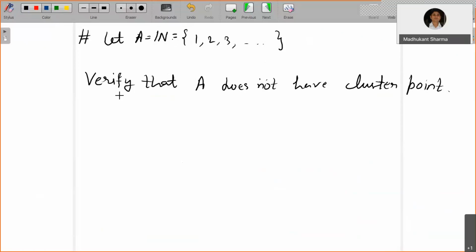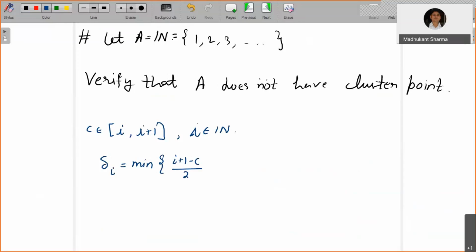For a point c belonging to the interval i to i plus 1, where i is a natural number, you have delta_i equal to the minimum of (i plus 1 minus c)/2 and (c minus i)/2. That delta_i will work for this case, and then that neighborhood of c will not have any point of A. That shows that the natural numbers do not have any cluster point.